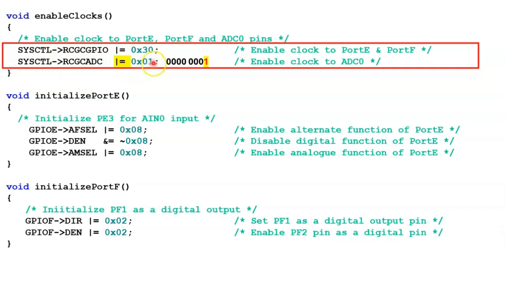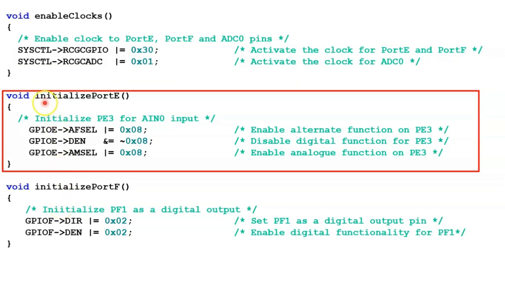Coming back to this, 01 hex translates to binary as 00000001. The 1 here corresponds to ADC 0. Remember, each of these bits corresponds to an ADC module. Setting this bit activates the clock for the ADC 0 module.